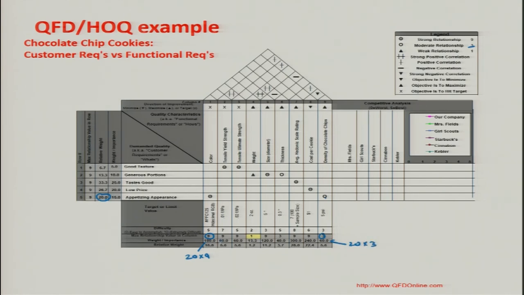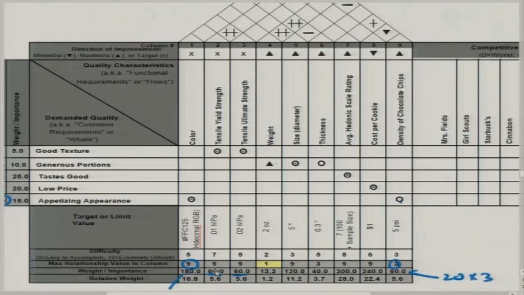Similarly, this value 60 is 6.7 into 9, which is around 60 again. Okay. So we have got these values, these are the absolute weight importance for the functions that we have put here, the engineering characteristics.